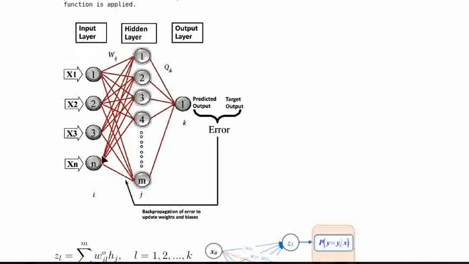This is the input layer, hidden layer, and output layer that has k outputs. This output layer will produce the predicted output that is compared with the target output, which gives us an error. The error will be fed back to adjust the weights.